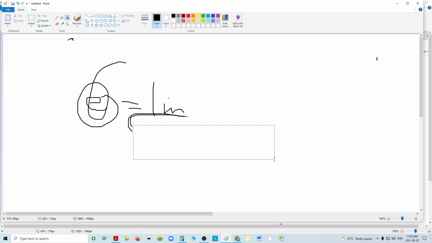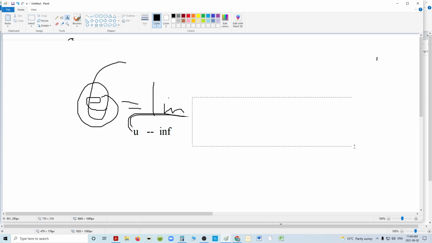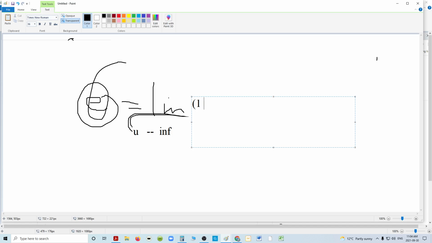As u approaches infinity, the formula for Euler's number is 1 plus u to the exponent of 1 over u.